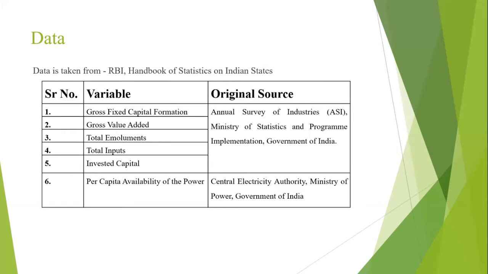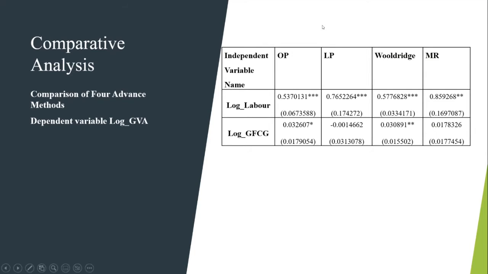At state level, I have used gross fixed capital formation for capital, gross value added as output, then inputs and invested capital, and also another extra variable, power, as input. So these are my comparative results.